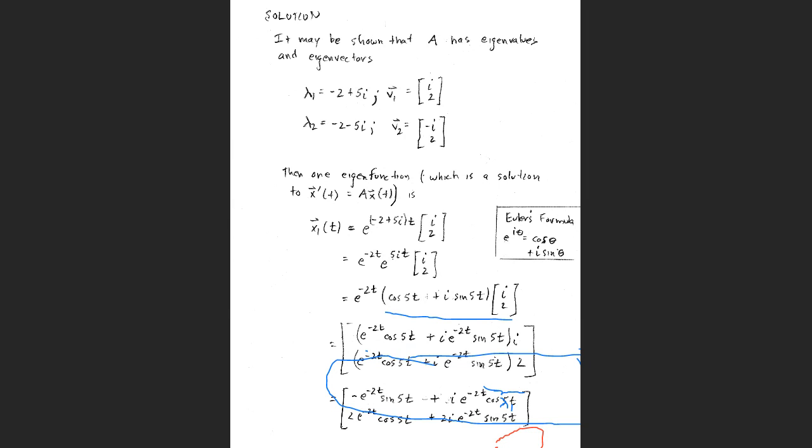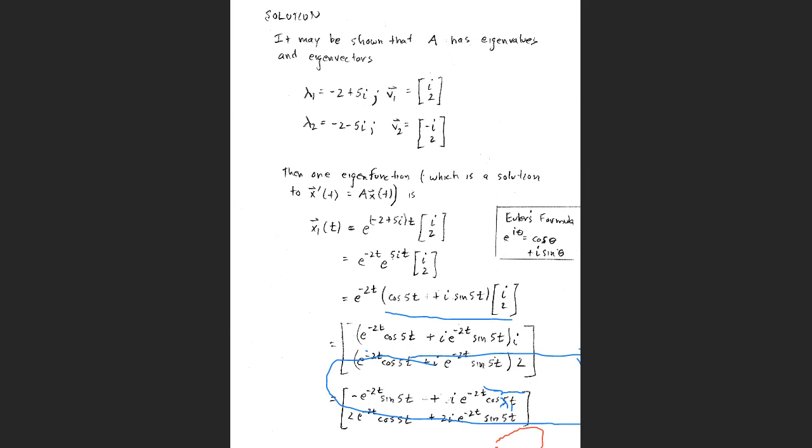Okay, and then I'm going to distribute the i to both of the terms here, and I'm going to distribute the 2 to both of these terms here. Hold on, question. An eigenfunction is when you take an eigenvector and multiply it by e to the lambda t.